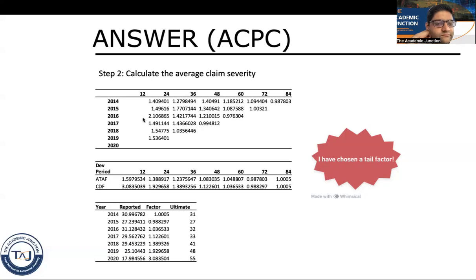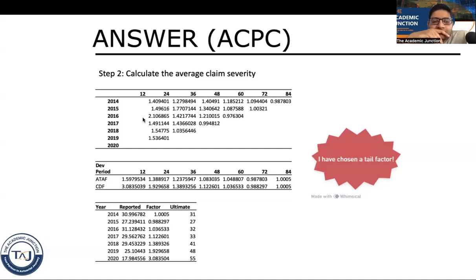No, the factors are different. So yours are cumulative factors? Yeah, CDFs. Sorry, let me check the ATAF. So 0.98 is right. Before that, mine is 1.05. Yours is also similar, but a slight difference in the decimal. That is fine.